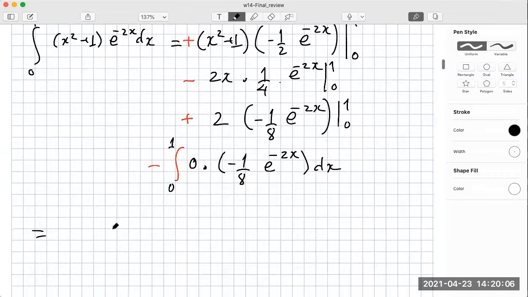So before you can evaluate this, it is better if you can factor it. It will make the problems easier.